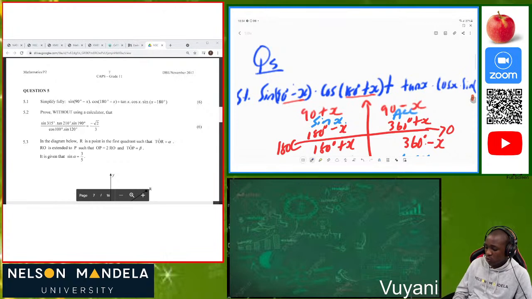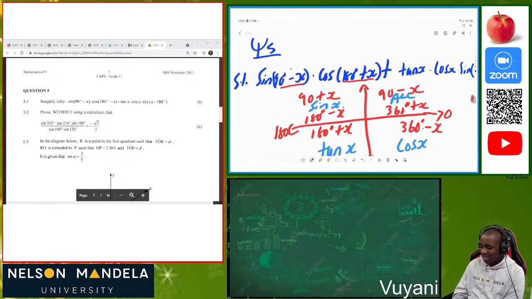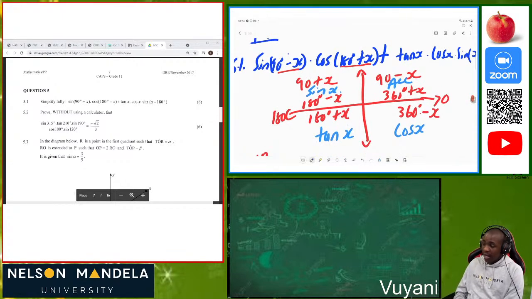Then we move on to cos 180 degrees plus x. What is important is that we look at what is inside the bracket. So inside the brackets we have 180 degrees plus x. Which quadrant is 180 degrees plus x in? It is in the third quadrant. This is the strategy which you use. Then in 180 plus x, is cos positive or negative?